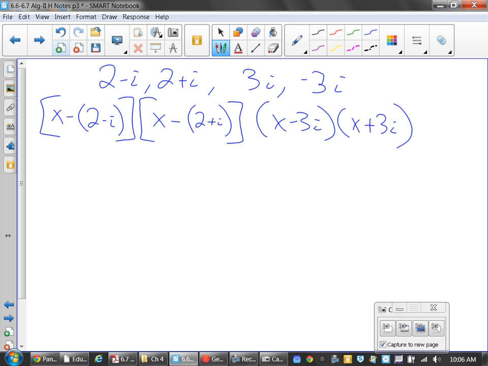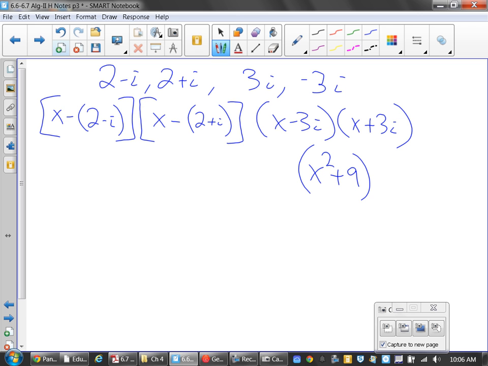The stuff on the right is usually the easier to work with. Does everybody agree you wind up with x squared plus 9? That's the easy one to deal with. So here you're going to get x squared plus 9. I know that's going to happen.